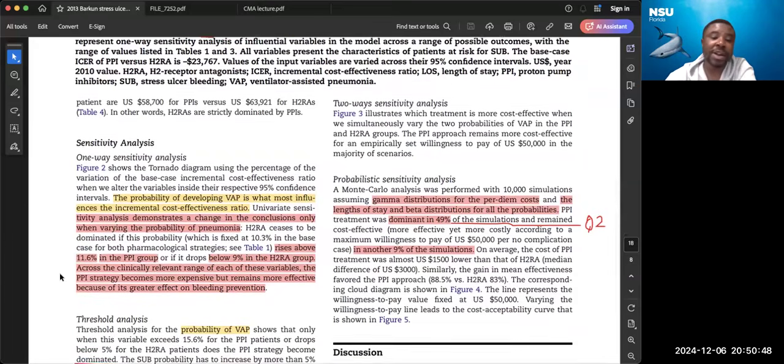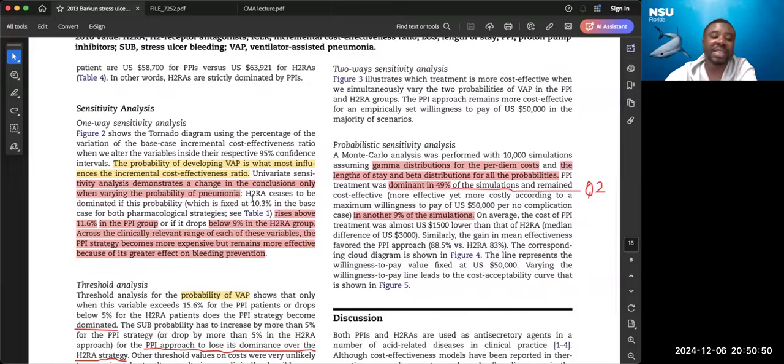But there is a scenario where the base case can change, because remember that we said some of the variables are really sensitive to the sensitivity analysis.